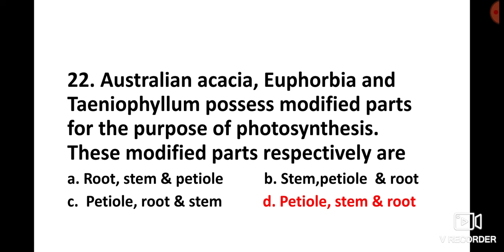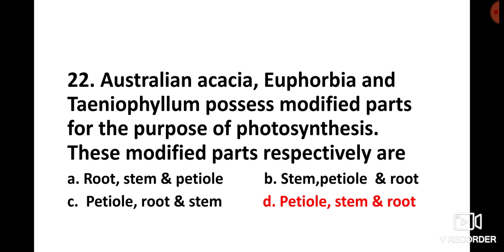Question number 22. Australian acacia, euphorbia, and Taeniophyllum possess modified parts for the purpose of photosynthesis. These modified parts respectively are. Right answer is D. Petiole, stem, and root.